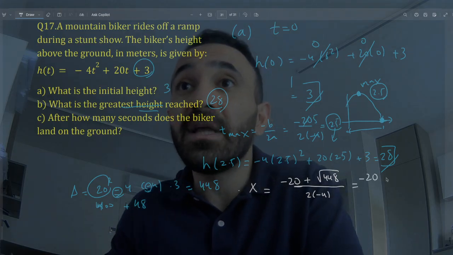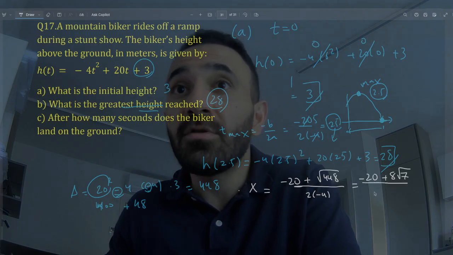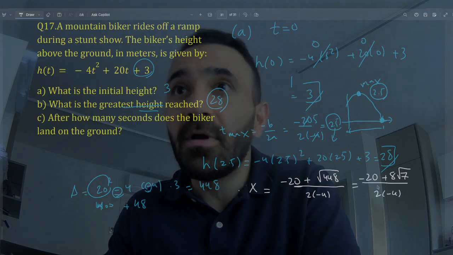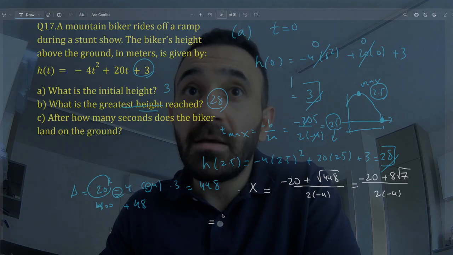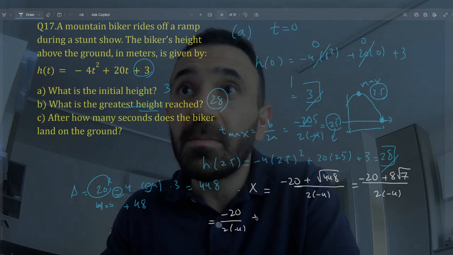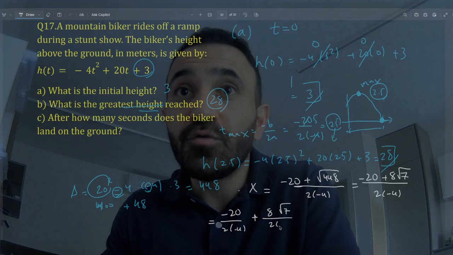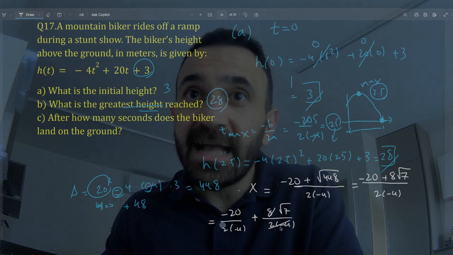So minus 20 plus 8 square root of 7, divided by 2 times minus 4. Now, can I simplify? Yes. I can write minus 20 over 2 times minus 4, plus 8 square root of 7 over 2 times minus 4. 8 and 8 cancel each other out.